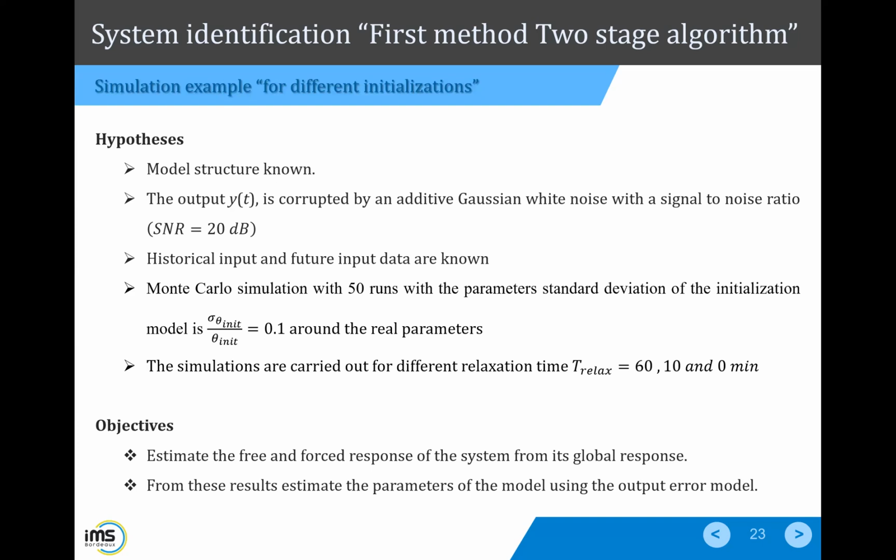The simulations are carried out for different relaxation times: 60, 10, and 0 minutes. The objective is to estimate the free and forced responses, and from these results estimate the different parameters using the output error model.